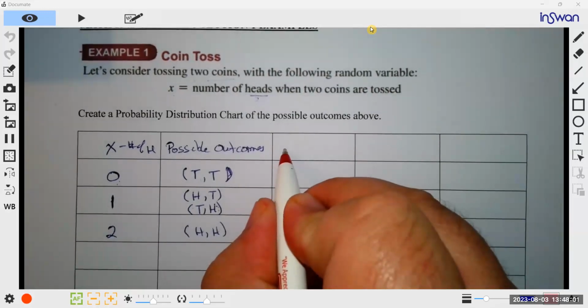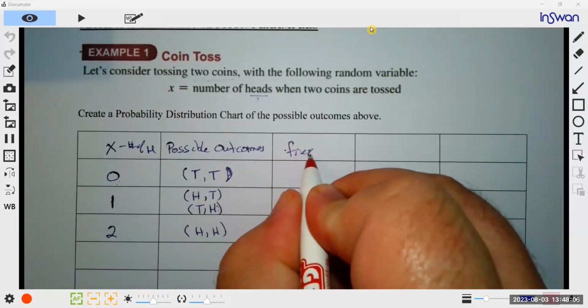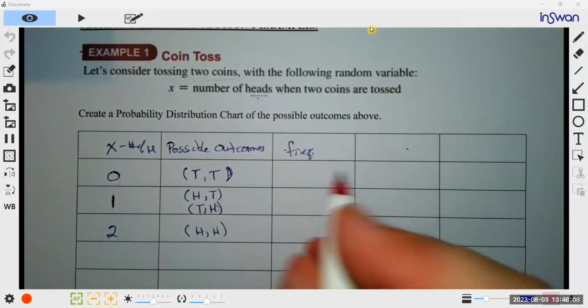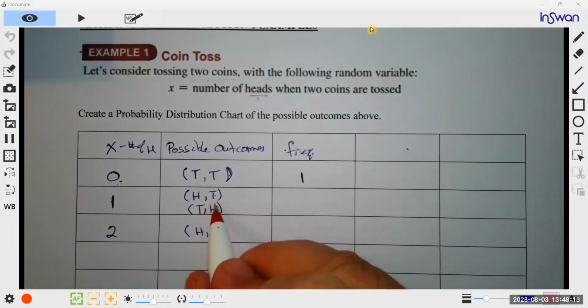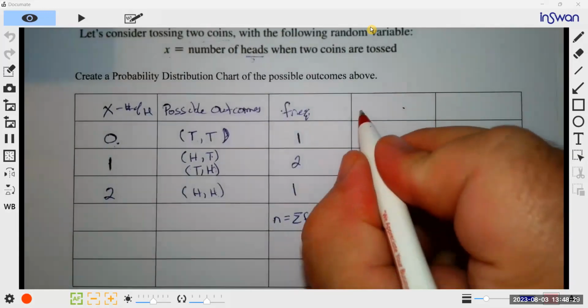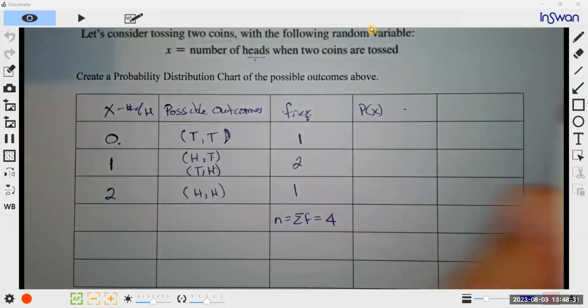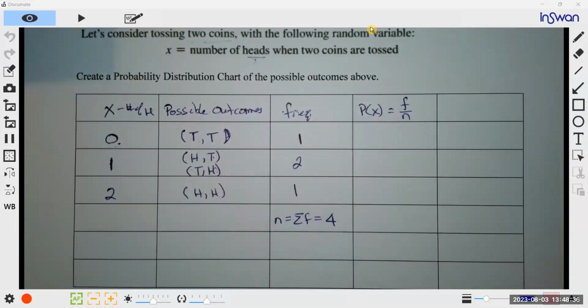Right, so now we can look at the probability of these. Well, let's look at the frequency first, because we need the frequency to find the probabilities. This one happens once, this one occurs twice, and this one occurs once. So remember, n equals the summation of all your frequencies, which is 4. Now we look at the probability of each x. It's the frequency over the n.